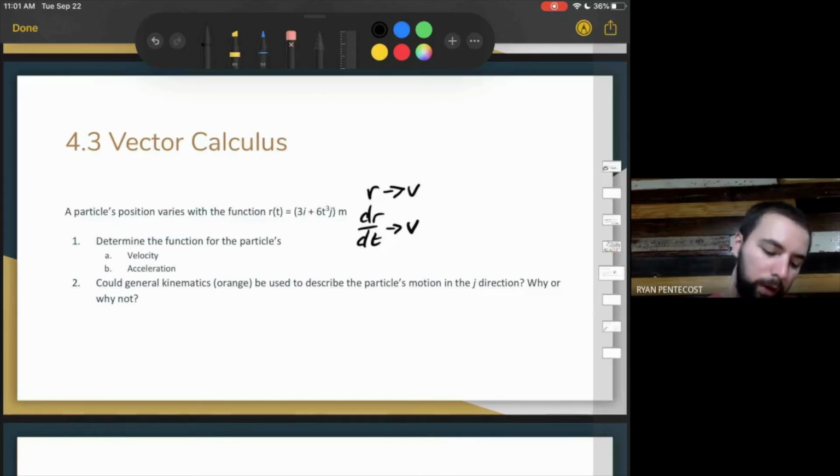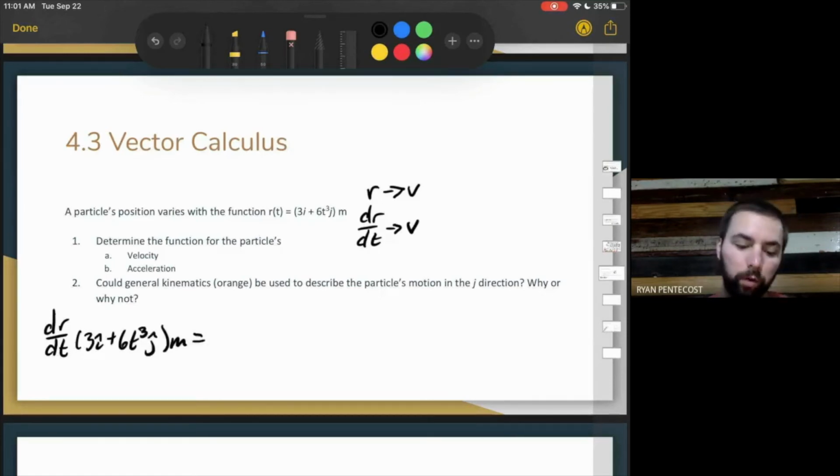So let's do that right now. dr over dt of 3i plus 6t cubed j meters. Okay, we're just going to power rule it. 3i is a constant, so that goes away.